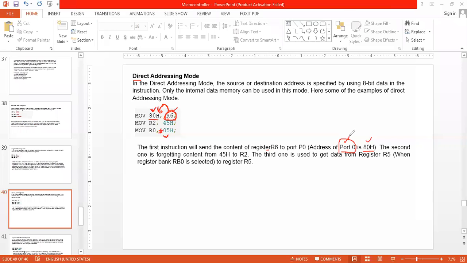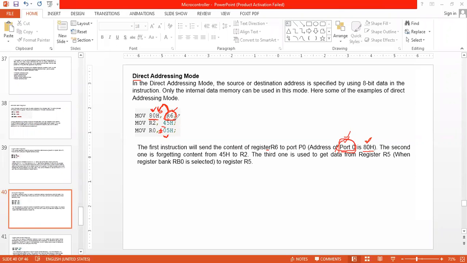Port 0.0 can be 80H.0, port 0.1 is 80H.1, and so on. It is bit addressable. So here the data of R6 is going to be written to port 0, 80H. 80H stands for the port 0 register.